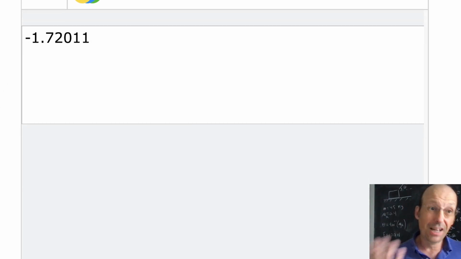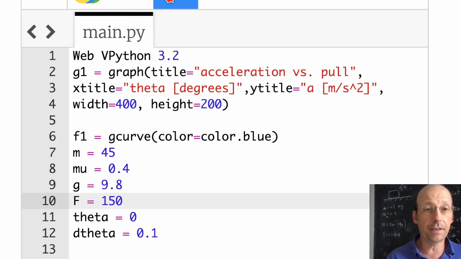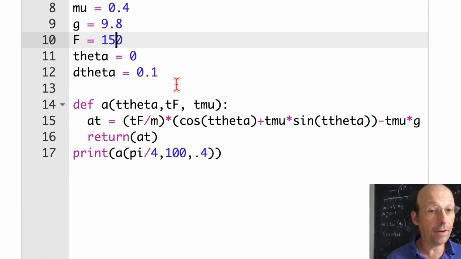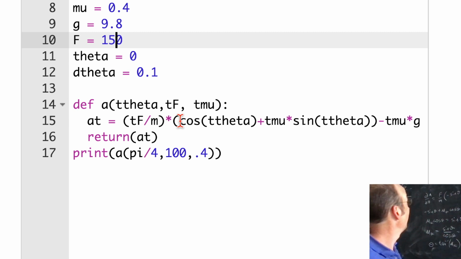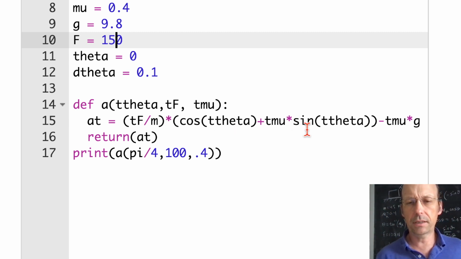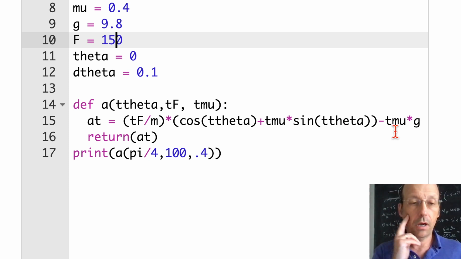Okay, negative. So that's a problem, right? That says that maybe my force is not large enough. Let's just put this at 150 and let's see if that fixes it. No? Okay, so that means I have an error. Good thing I typed t force over m cosine theta plus t mu sine theta minus mu k times G. Huh.